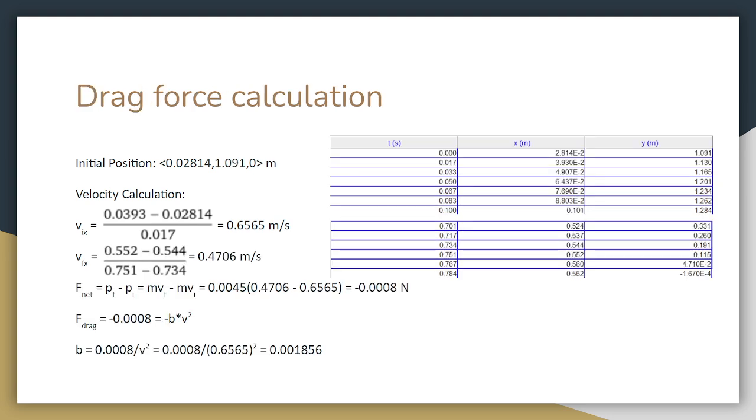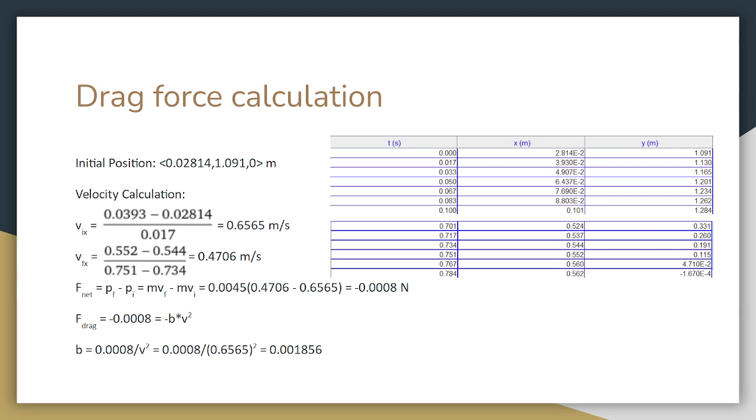For the drag force, I used the x direction because the y direction has gravity applied, and in the x direction there's no gravity applied. So the initial velocity in x was 0.6565 meters per second, and the final velocity in x was 0.4706 meters per second.